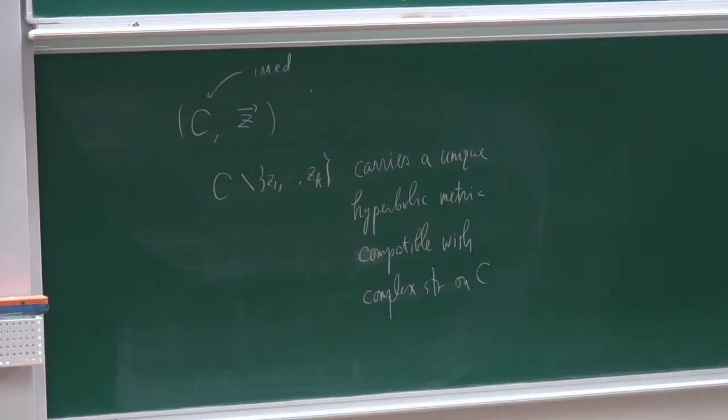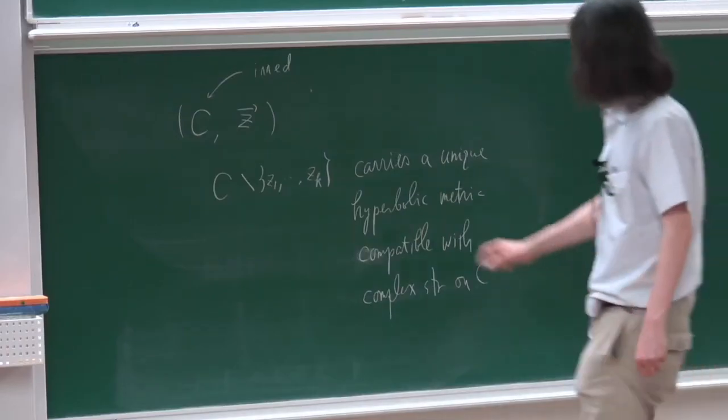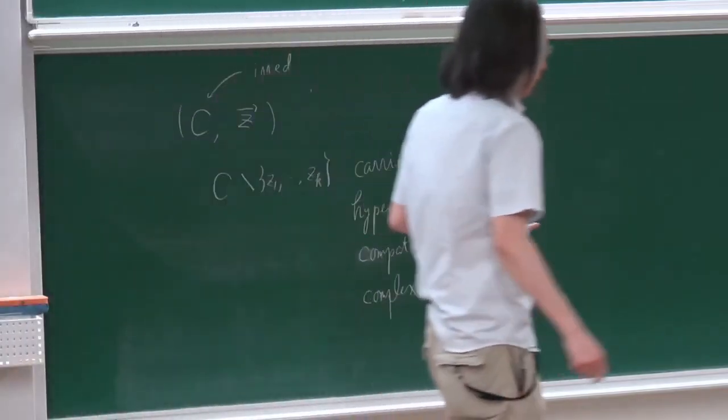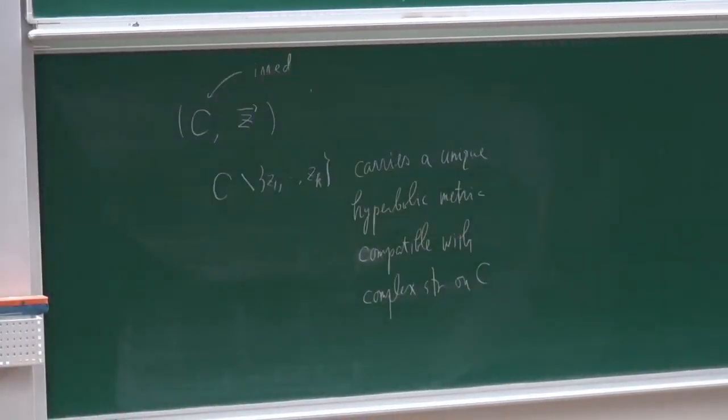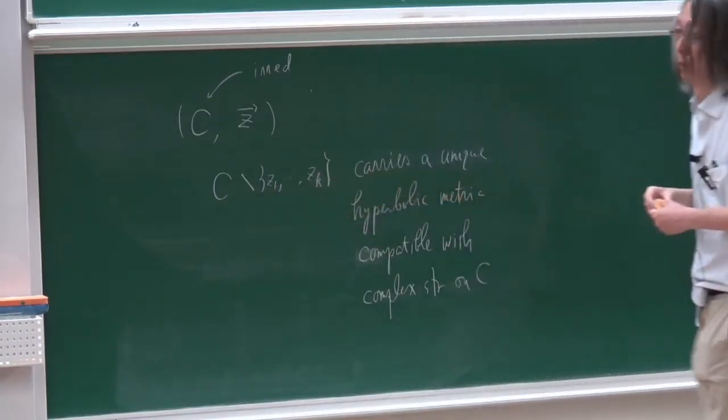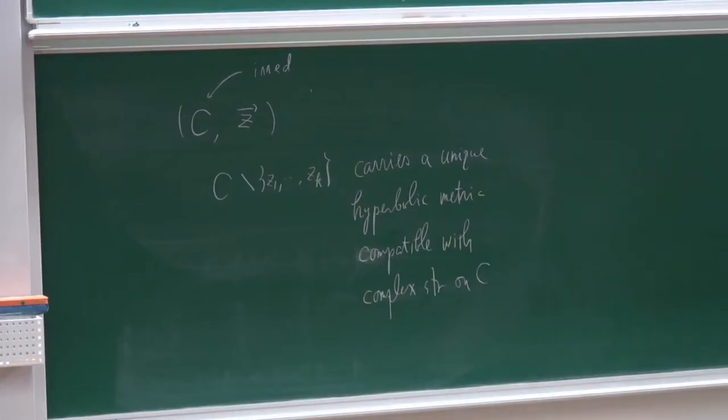So you can think of such a stable curve as an oriented surface with hyperbolic structure, and these are actually the cusp points. Therefore, it has a finite area.